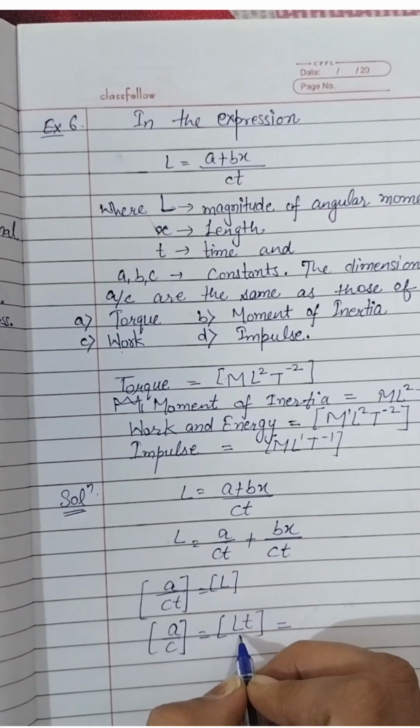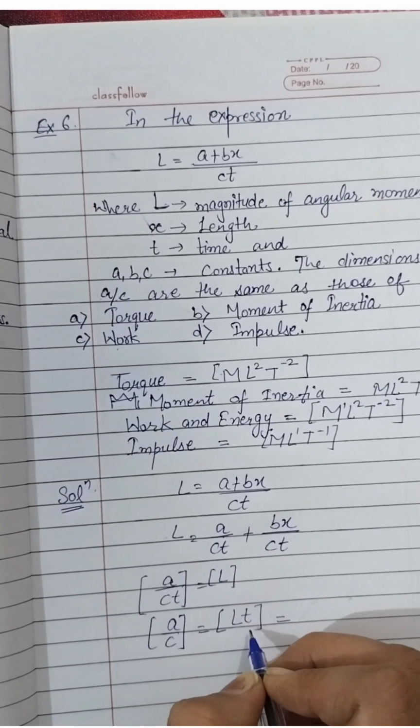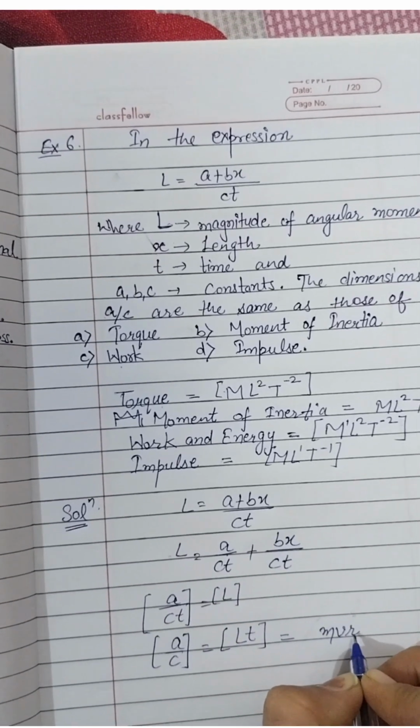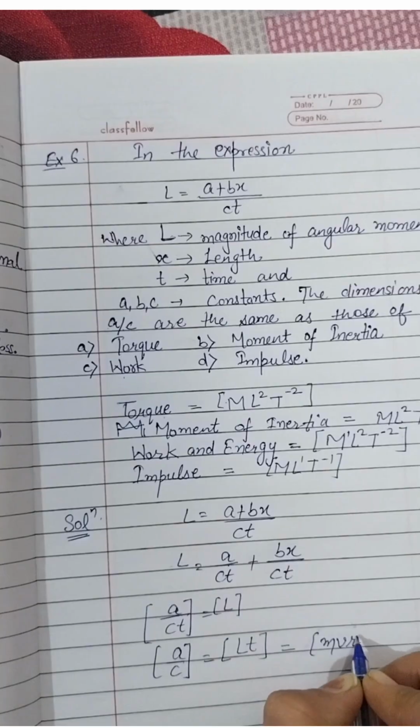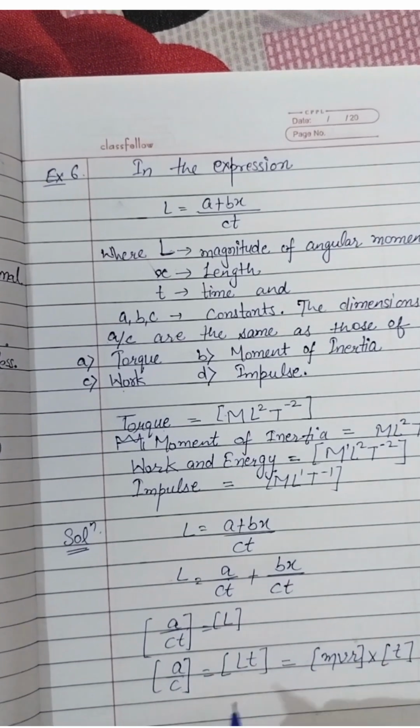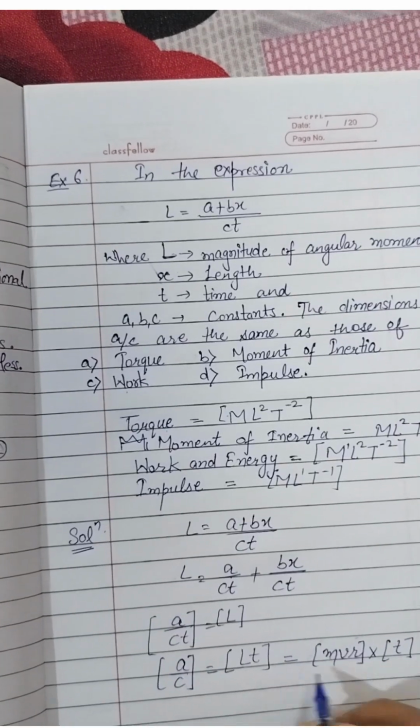Here L is the magnitude of angular momentum, and angular momentum is equal to mass into velocity into distance. This is the formula of angular momentum.